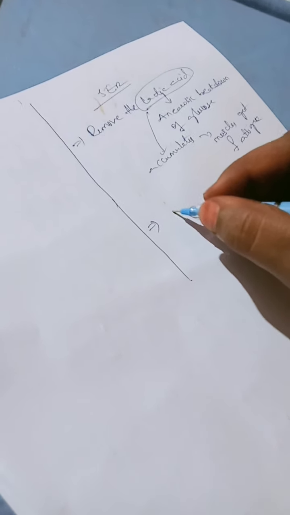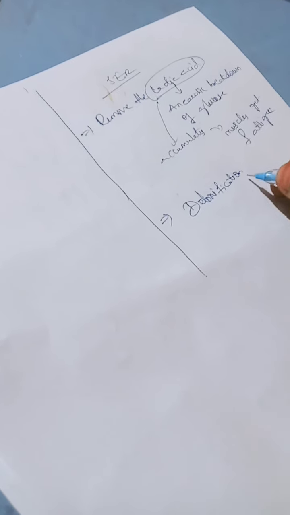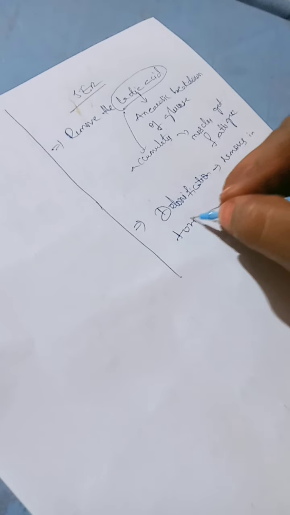Next, one more important function of SCR is detoxification. Toxification means something related to toxin, right? Detoxification means it removes the toxic material also. It is involved in toxin elimination.